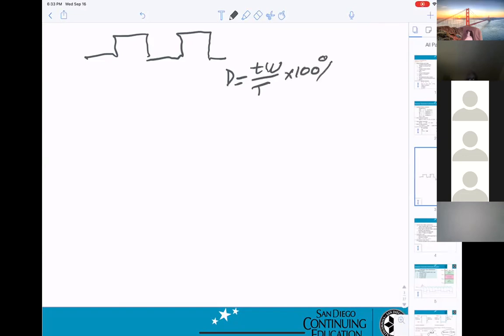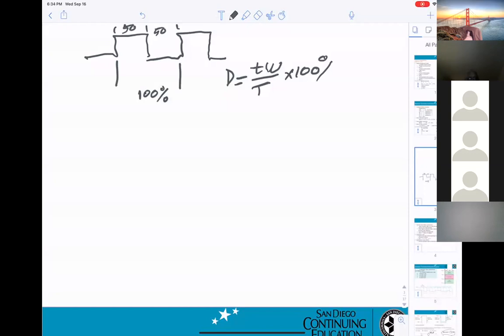Now, from here to here is 100%. From here, how many percent? 50% is half. So basically, this will be a 50% duty cycle.